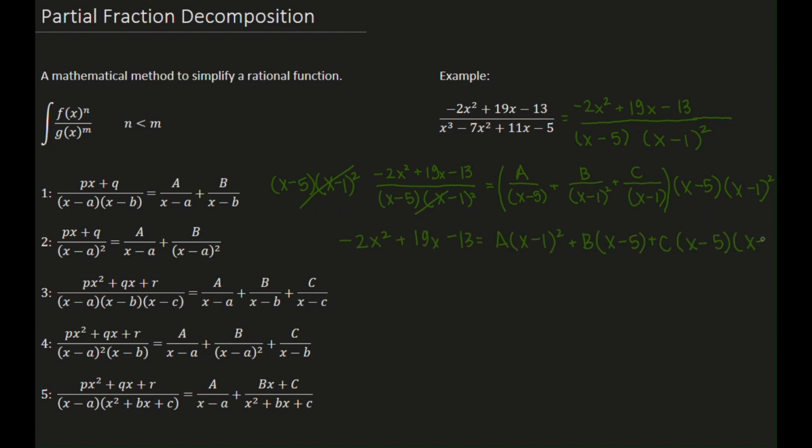Which gives me just the numerator on the left-hand side, which is negative 2x squared plus 19x minus 13, equal to a times x minus 1 squared plus b times x minus 5 plus c times x minus 5 times x minus 1. To start with, I'm going to let x equal 1.